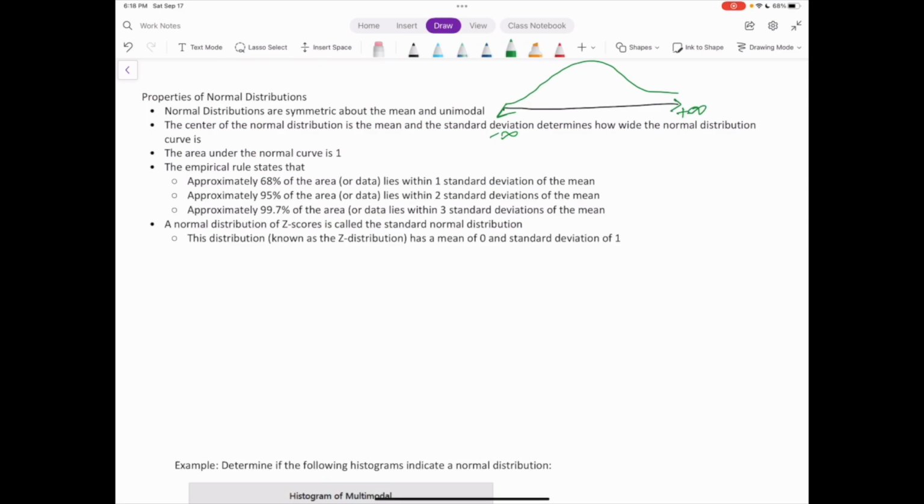And remember, just think of this as a curve that mimics the height of these histogram bars, all right? If they're unimodal and symmetric, then we say it's a normal distribution, all right? The center of a normal distribution is the mean, whereas the standard deviation determines how wide the normal distribution can be.